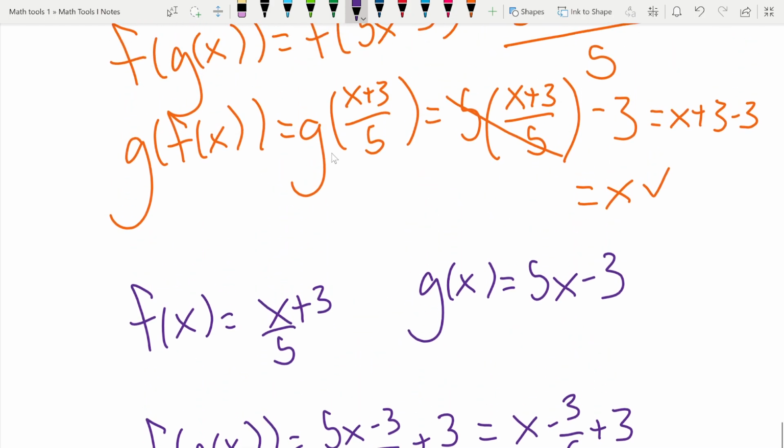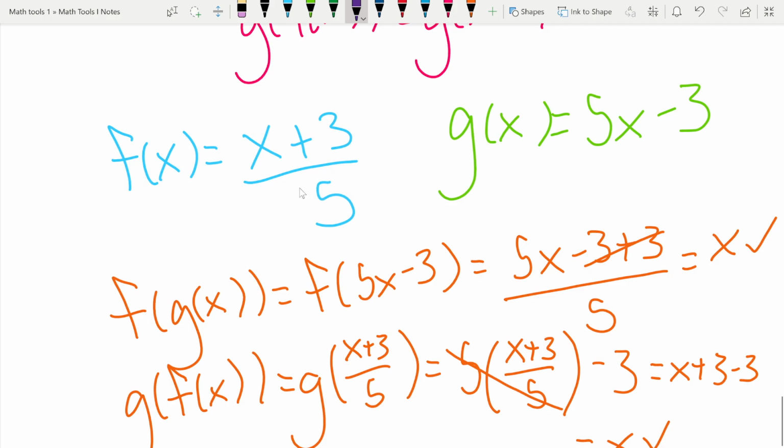So we had that in the first one. Here we added 3 and then divided by 5. Here we multiplied by 5 and then subtracted 3. So different order with the addition. In f the addition is first. In g it's last.